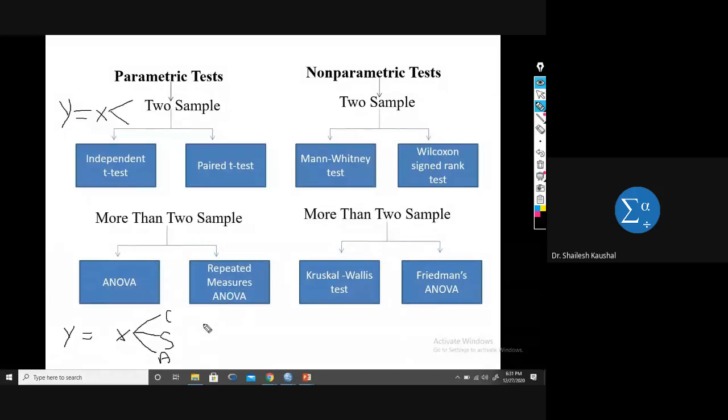Okay, so the analysis of variance means when we compare several means, so we can use analysis of variance in physical sciences also, in medicine, medical science also.